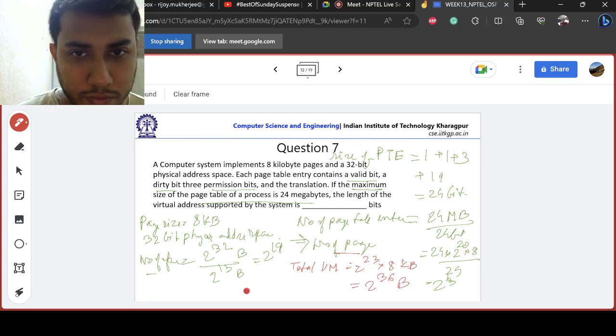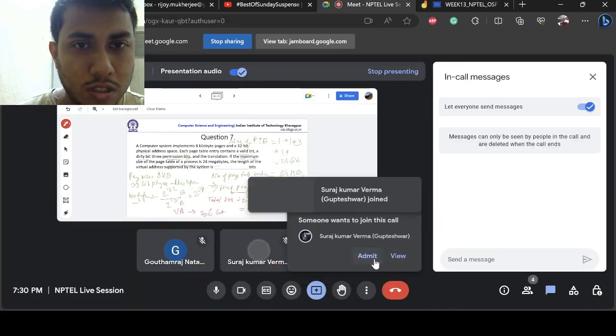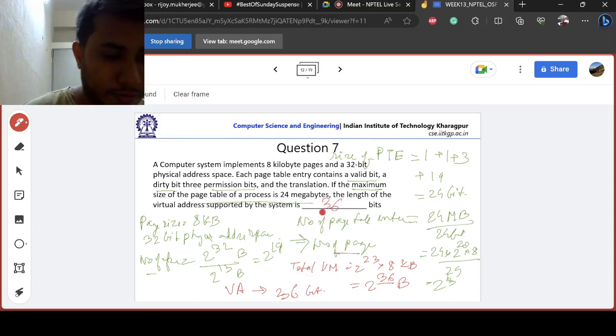So the number of bits required for the virtual address space will be 36 bits. So the answer will be 36 bits.